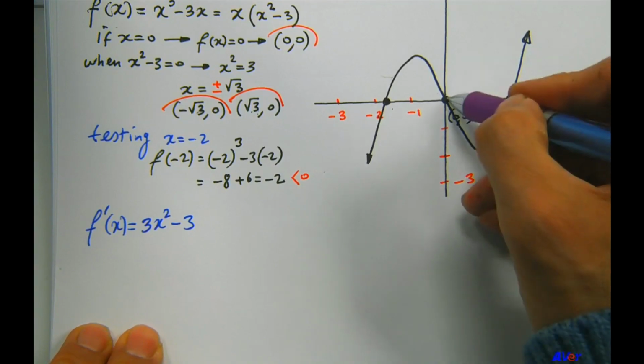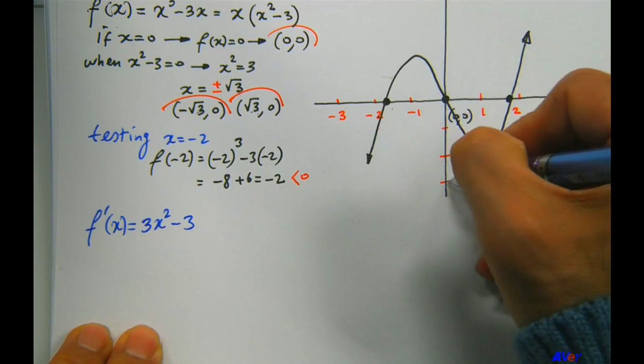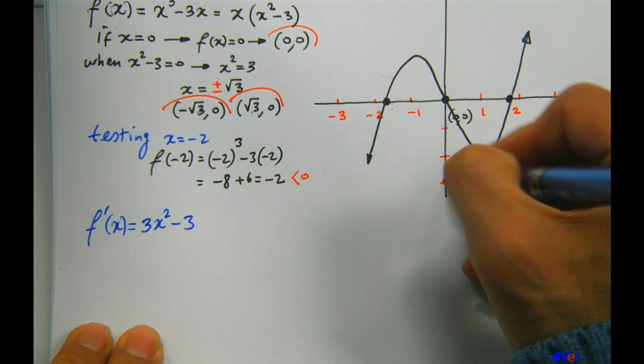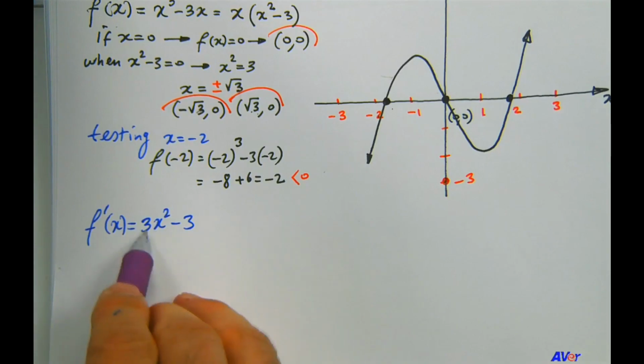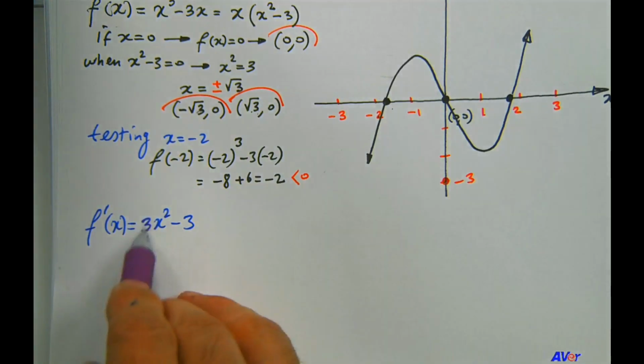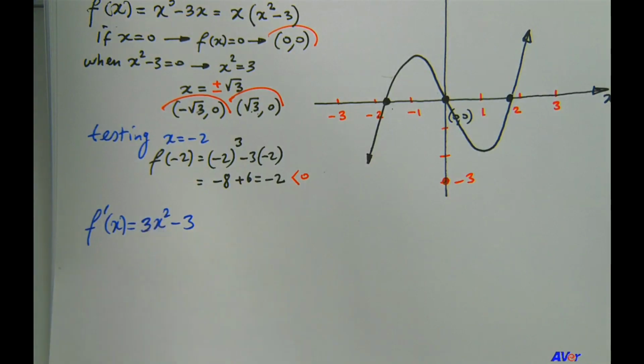So the vertex, instead of going through the origin, would go through 0 comma minus 3 right there. And because of this, the impact of the positive 3 in front of the quadratic term would be to stretch the graph vertically, meaning the arms of the quadratic function graph would be closer to the y-axis. In other words, this is what it would look like.